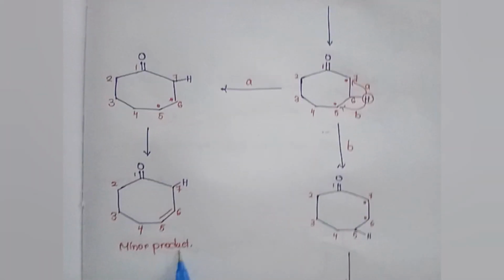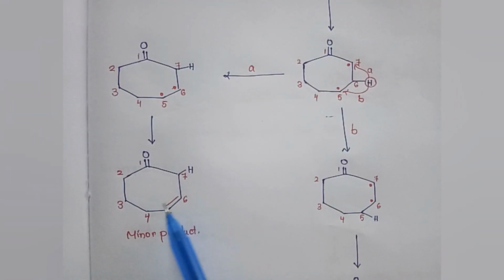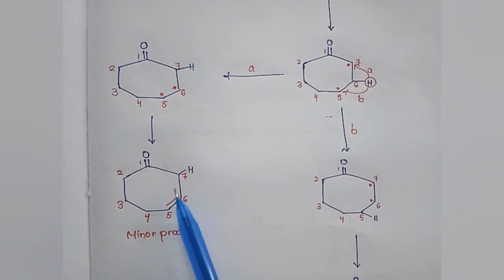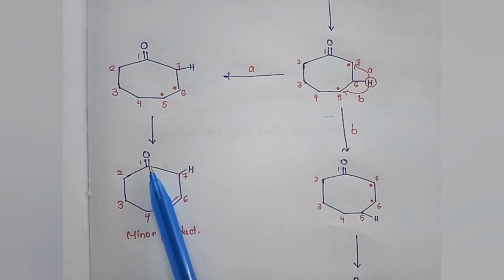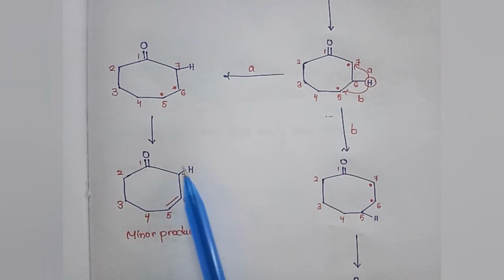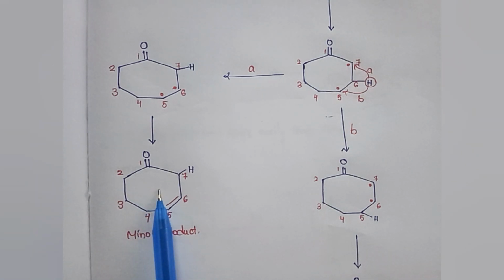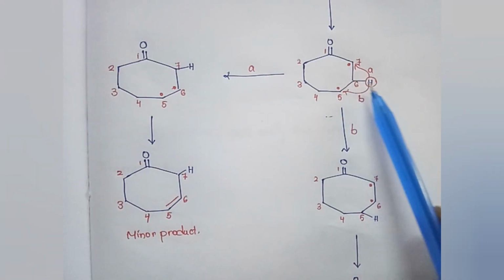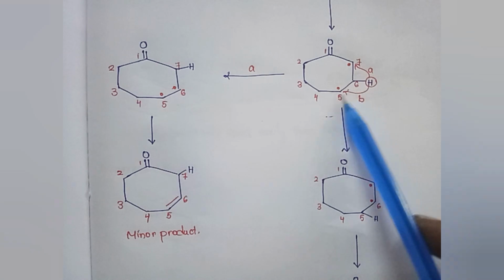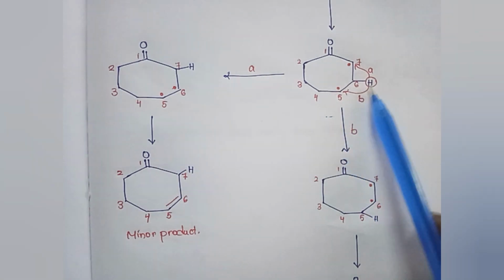This is a minor product because there is a double bond here, then a single bond, then a single bond, then a double bond. So it has no chance of resonance. So since it cannot resonate, this is less stable. So this is a minor product. Now let us see what happens when the hydrogen atom shifts to this 5th carbon atom, that is B route.